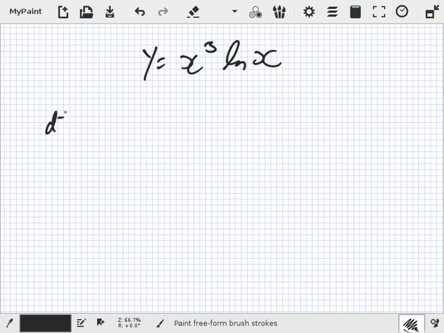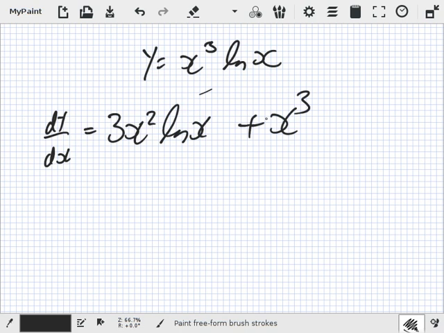First, you differentiate x cubed. What's the derivative of x cubed? 3x squared log x plus x cubed, and then you differentiate log x. What's that? 1 over x.